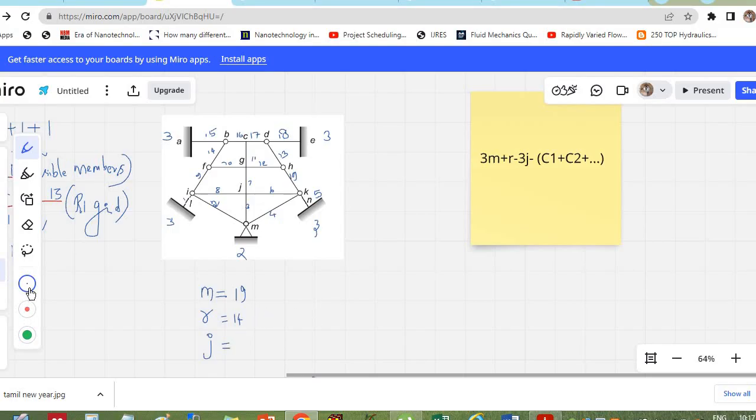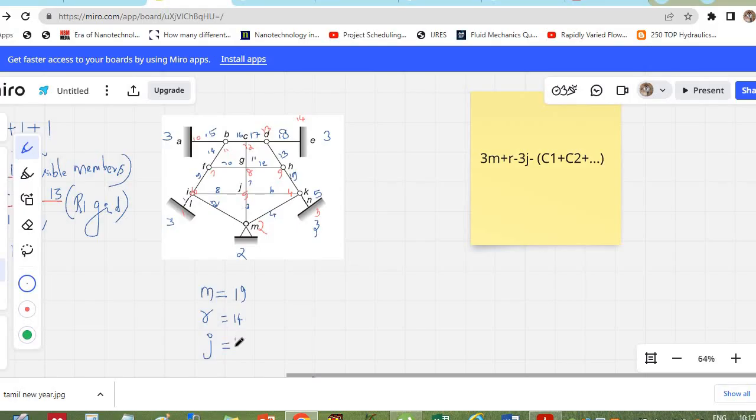This is joint number 1, this is 2, this is 3, 4, 5, 6, 7, 8, 9, 10, 11, 12, 13, and finally 14.